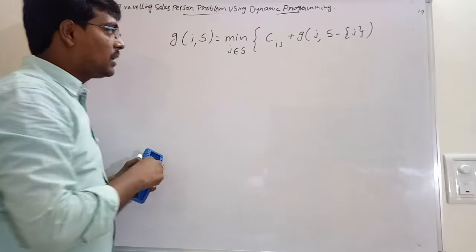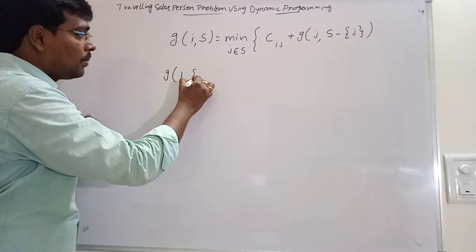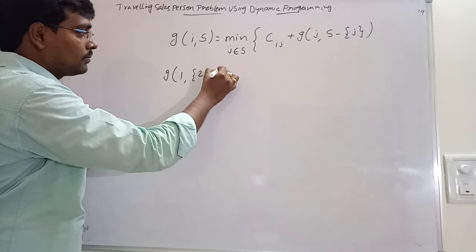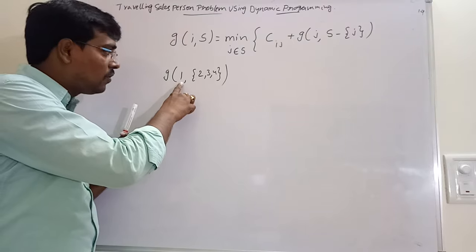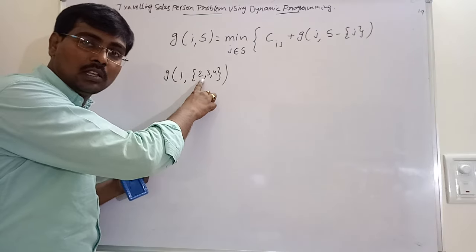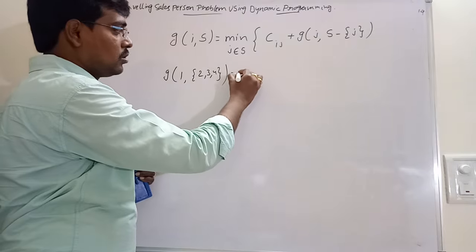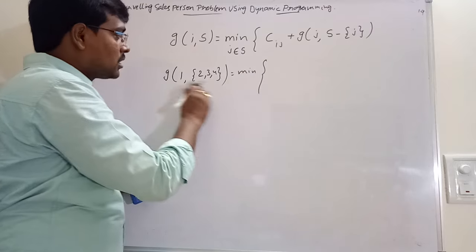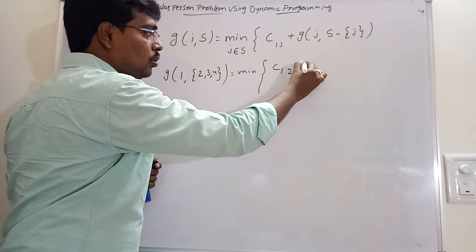The procedure is, for example, g(1, {2,3,4}). From 1 we are moving to either 2, 3 or 4. Which one is the minimum? Suppose first we move from 1 to 2, that is C12.